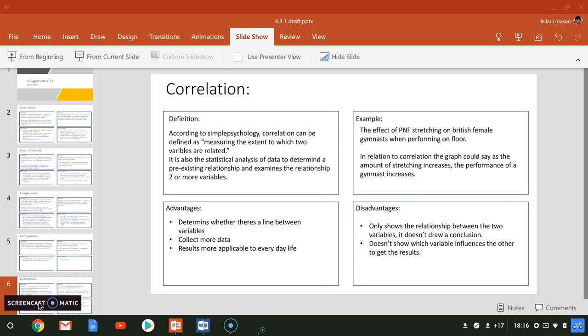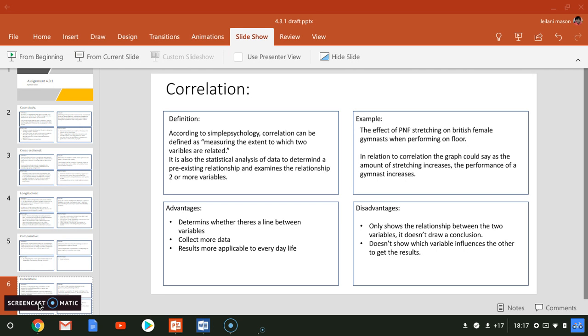Another advantage is that it collects more data, so if they stretched even more, you could roughly guess how much their performance will increase, and the results are more applicable to everyday life. In everyday life, gymnasts have to stretch to see if their performance improves, and it's one of the things I have to do every day, and it's not silly.